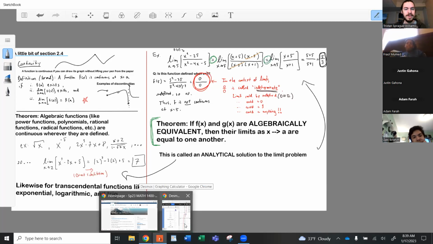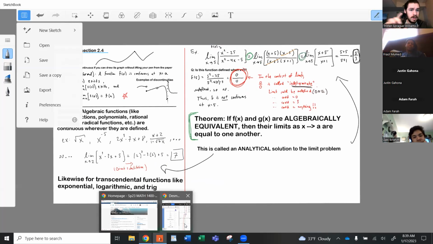We are going to be shifting our focus now towards analytical solutions to limit problems as opposed to just numerical and graphical solutions. We're not going to stop doing those, we'll still do them occasionally, but for the next week or so, maybe a couple weeks, the focus is going to be on this analytical approach. So brace yourself for more algebra.